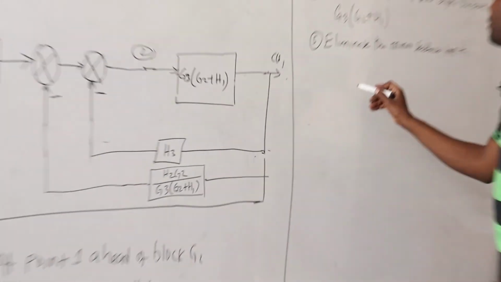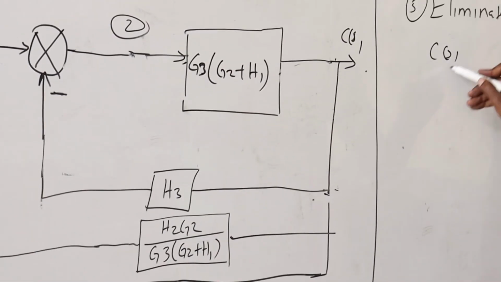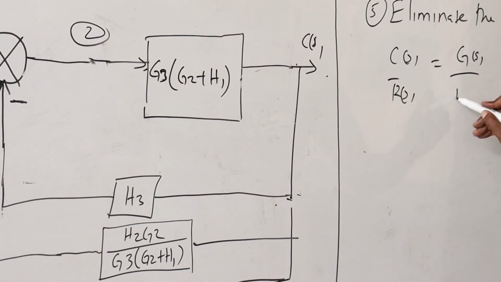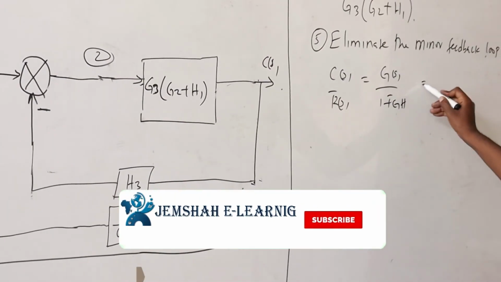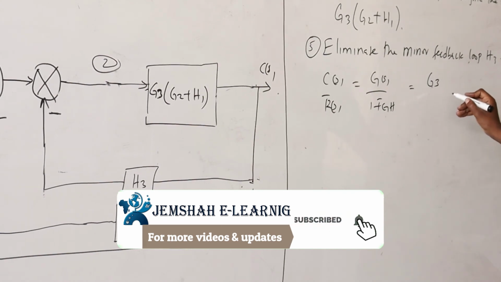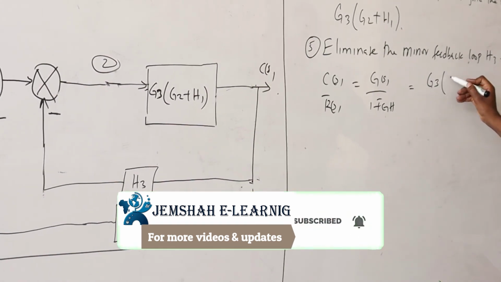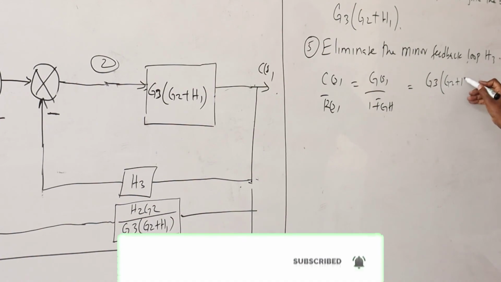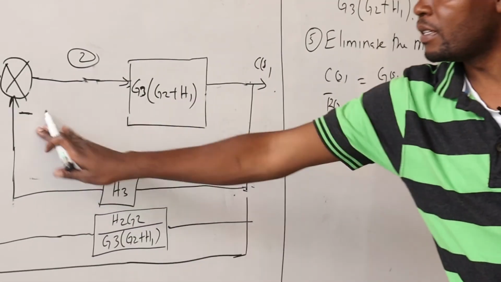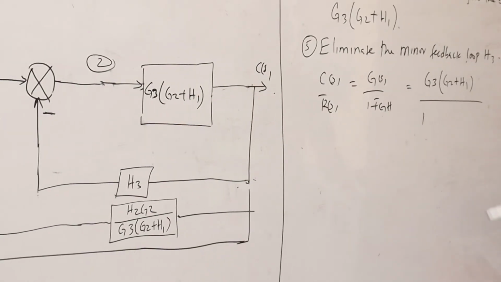So in that case, C of S over R of S will be given by G of S all over 1 plus GH. In this case, our G is G3 into G2 plus H1, all over 1, because the feedback is negative, it becomes positive.